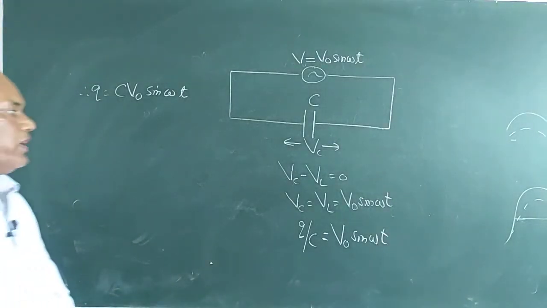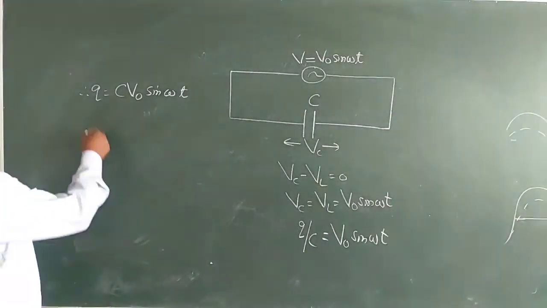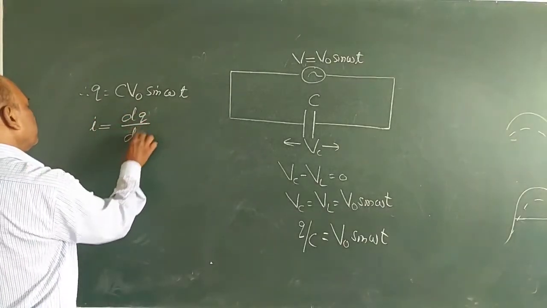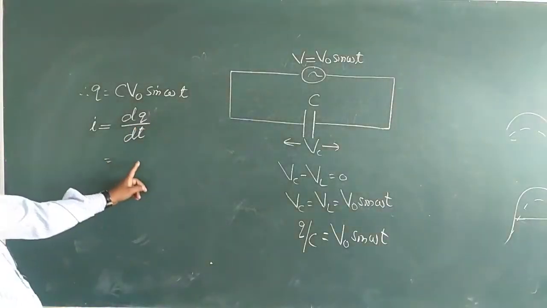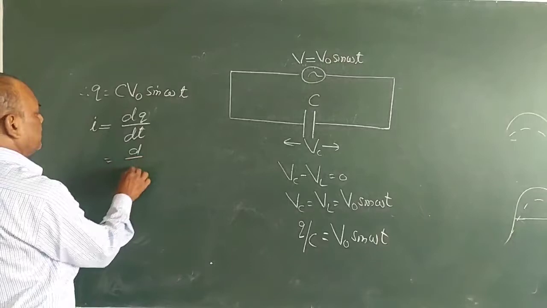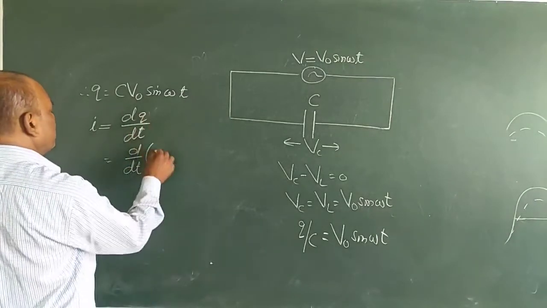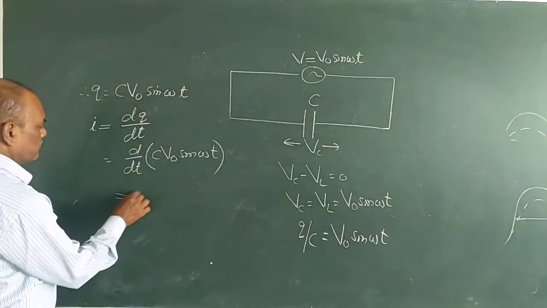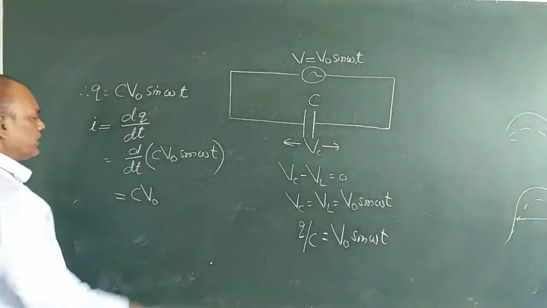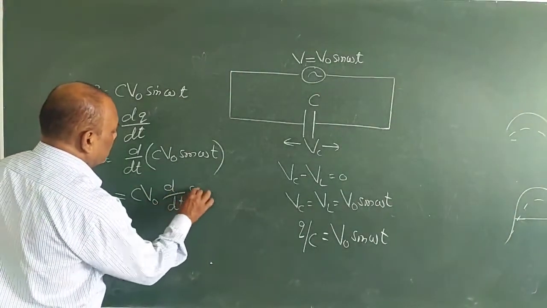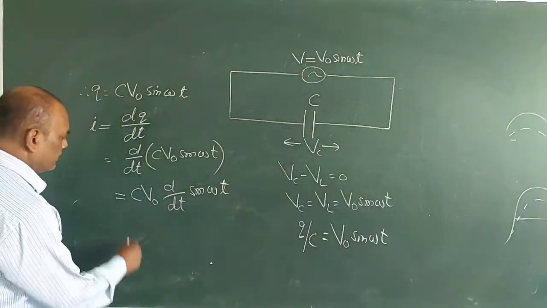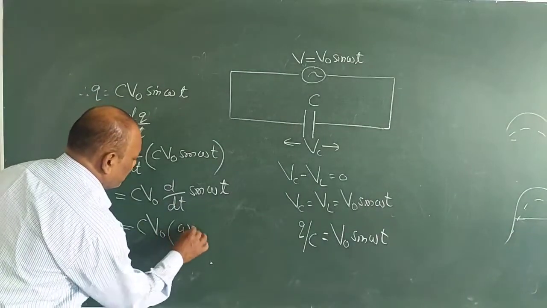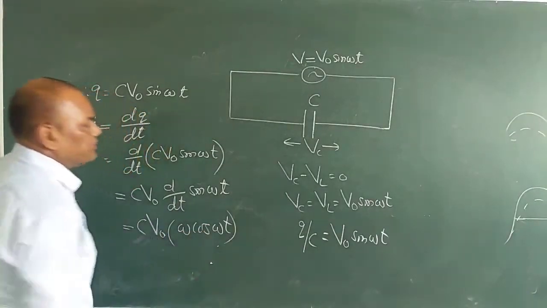Now we have to find the variation of the current in this circuit, so I is equal to dq by dt, that is d by dt of CV0 sin omega t. CV0 is a constant quantity, so we need d by dt of sin omega t, and differentiating we get omega cos omega t.